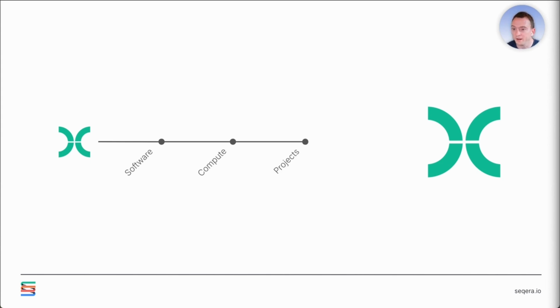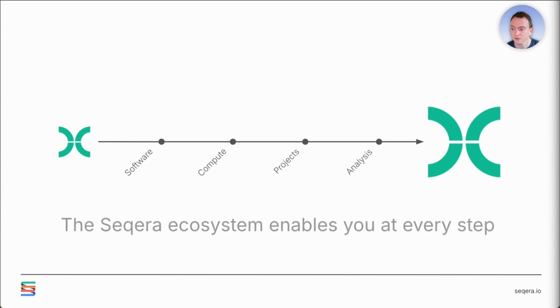Tracking when, where, and how your pipeline was run becomes a full-time job, especially when that pipeline is reused in multiple different projects. And running the pipeline isn't enough. You need to be able to interpret the results and make meaningful decisions. And these are roadblocks at every level, and they are compounding problems that slow down your science. So we're going to talk about all four in turn, starting with software.